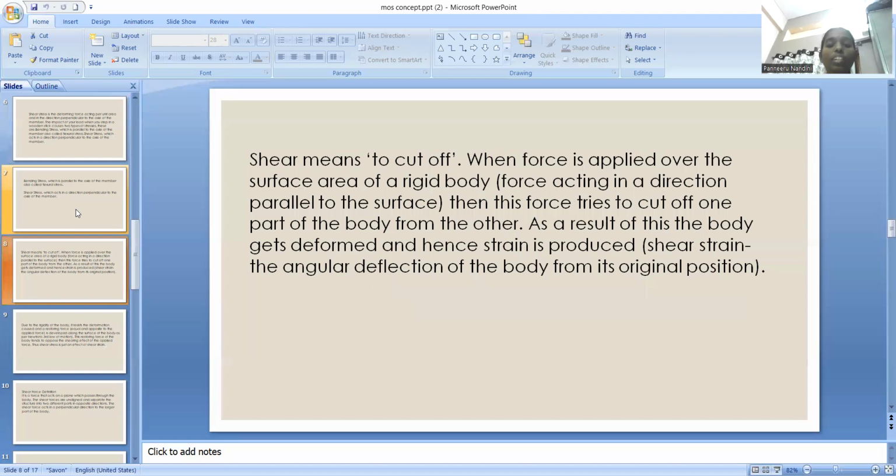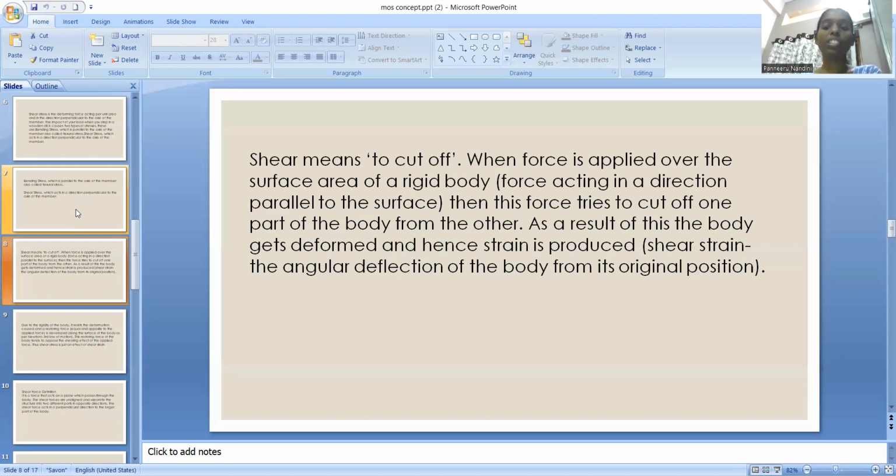Shear means to cut off when force is applied over a surface area of a rigid body. Force acting in a direction parallel to the surface tries to cut off one part of the body from the other.